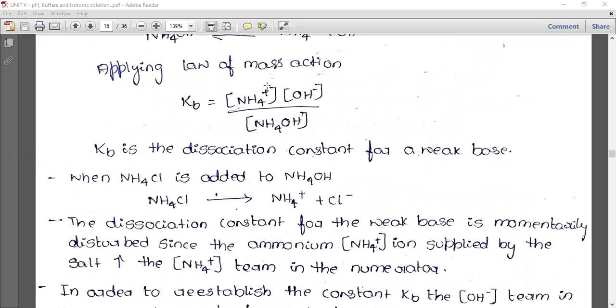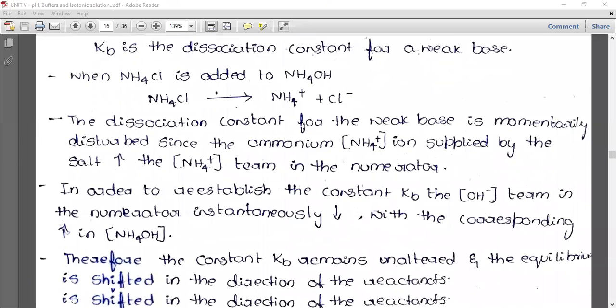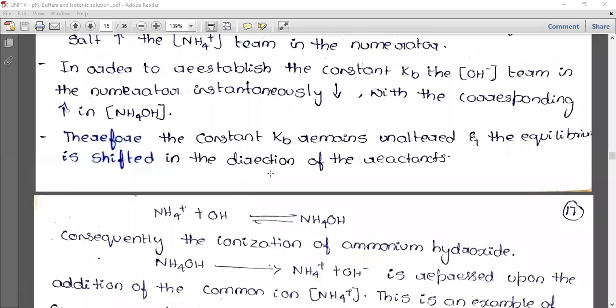This increase will disturb the constant, which is the dissociation constant. To counterbalance this disturbance, whatever hydroxyl ion is there will react with the ammonium ion to form ammonium hydroxide.